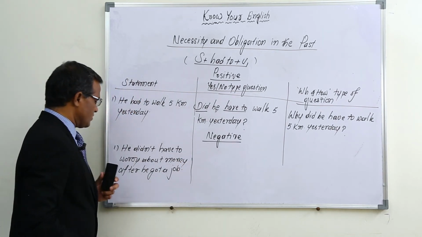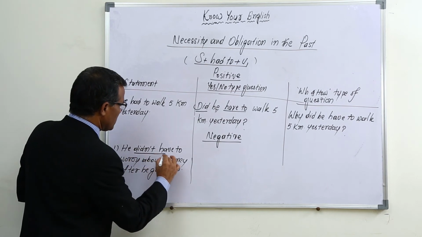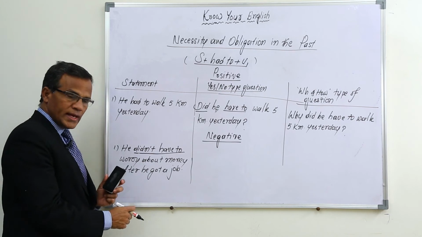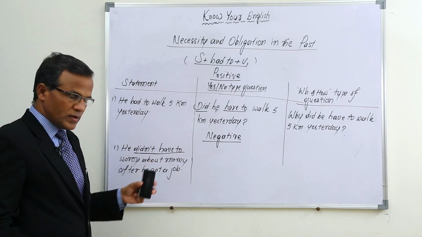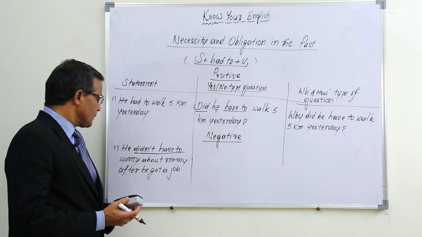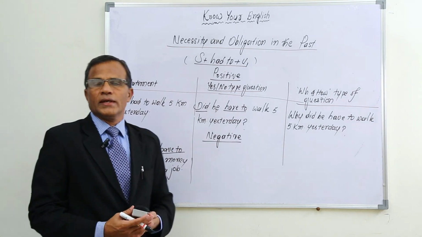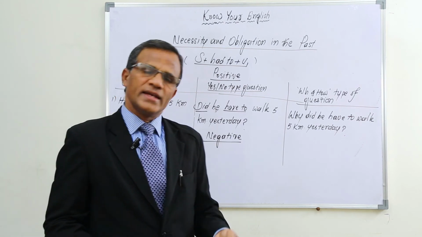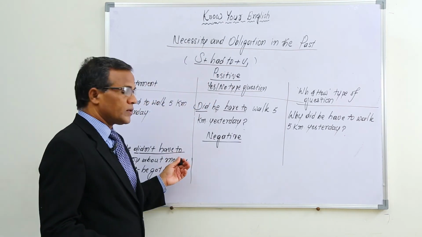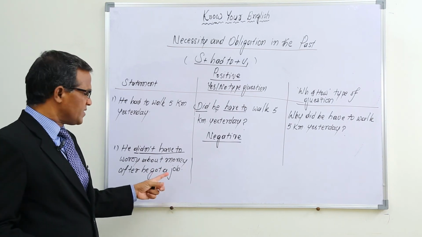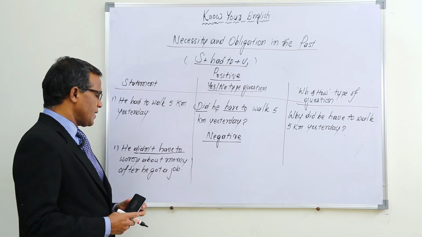Okay, this is a sentence. He didn't have to. Helping verb again we take did and have to also there, and as it is negative, an apostrophe T is there. He didn't have to worry about money after he got a job. Means it was not necessary for the person to worry about money as he got a job. In such sense, we are able to use this have to here.